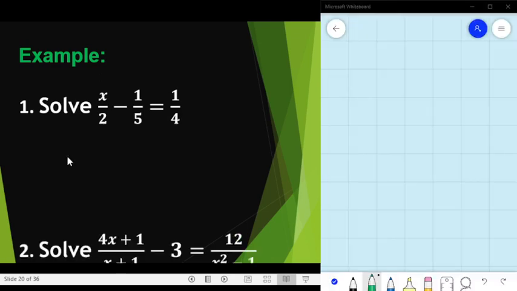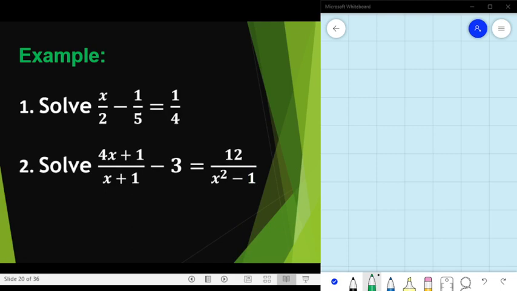Okay, next one is number 2. Number 2 is we are going to solve for x plus 1 all over x plus 1, minus 3, is equal to 12 all over x squared minus 1.